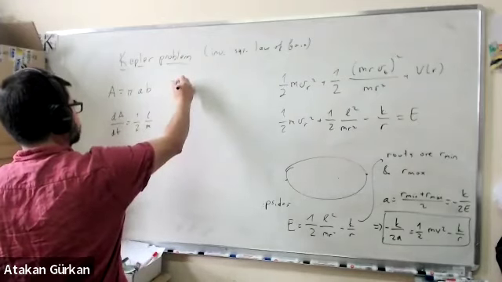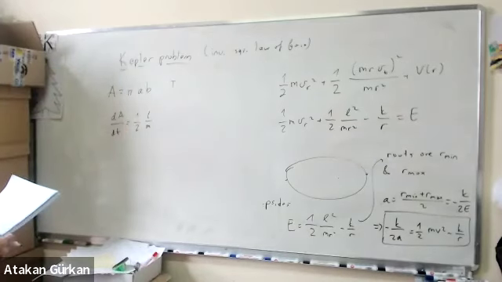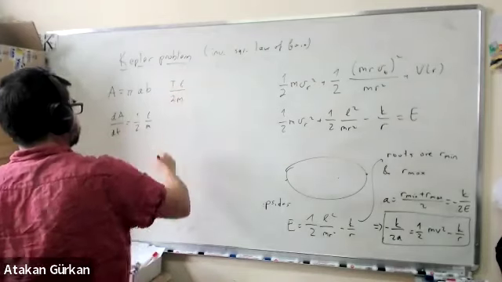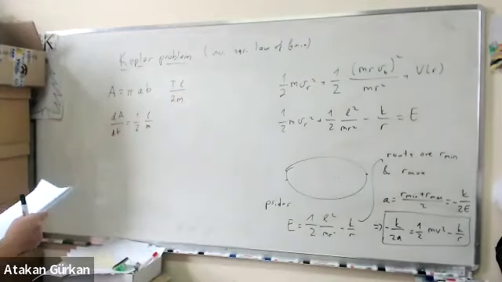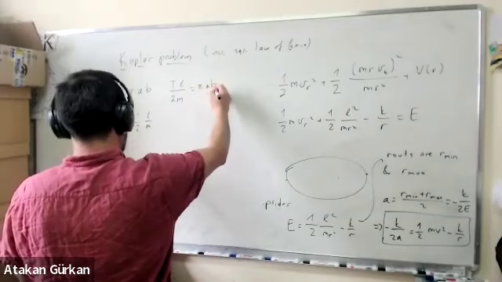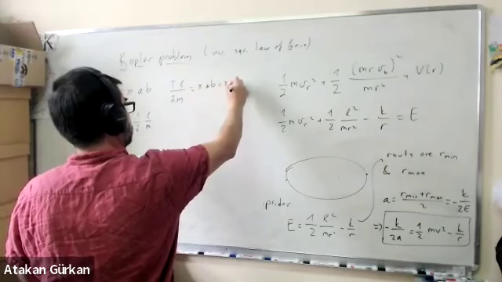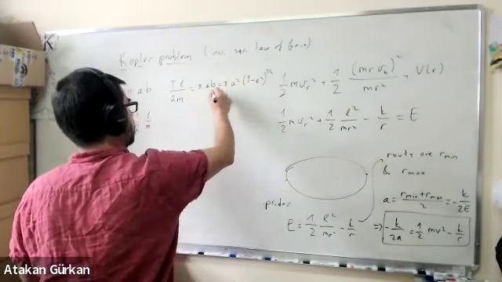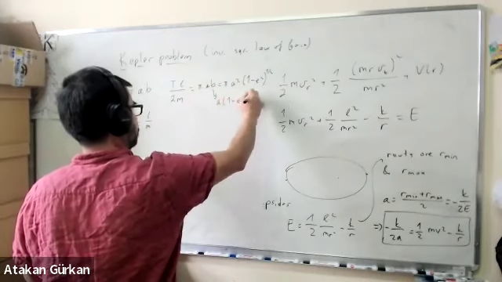So this means over one period, we are just going to sweep the total area. So I multiply this by the period. Okay. So this is my rate. This will give the total area pi a b, but this one is going to be pi a squared times 1 minus b squared by a squared to a half. Again, by a property of ellipse, this is equal to a times 1 minus e squared to a half.